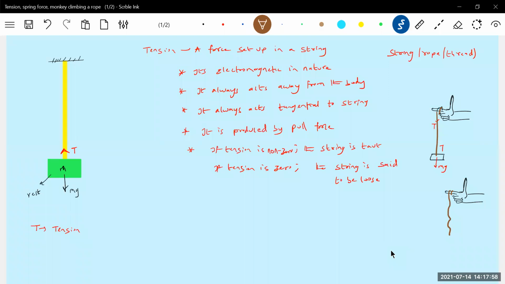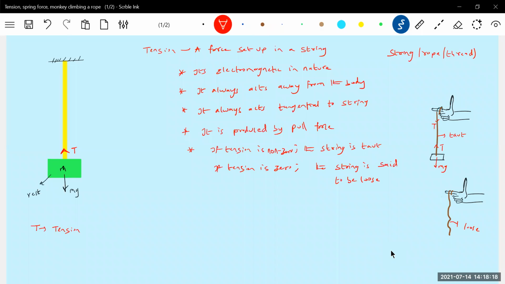Okay, got it? So this one is called loose, the string is loose. This particular string is called taut. I'll give all the examples. This is very important.